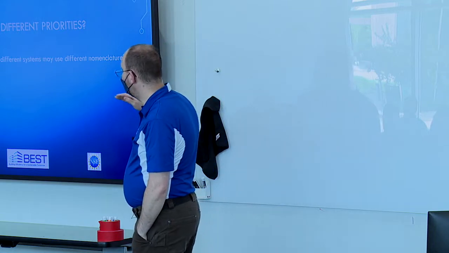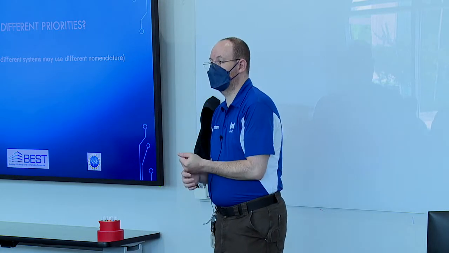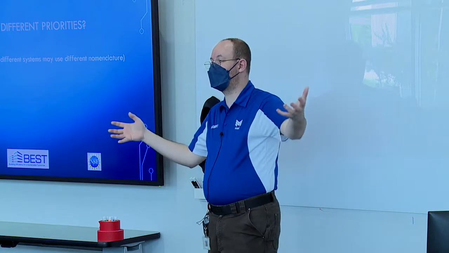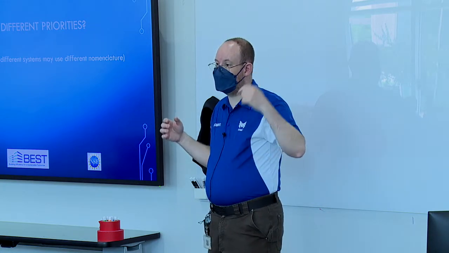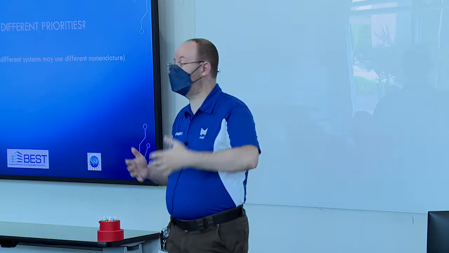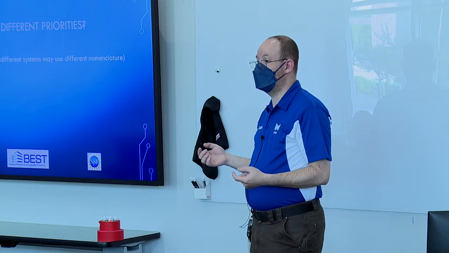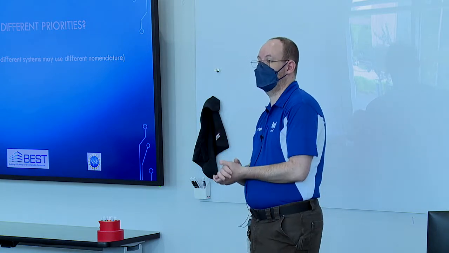You may also get warnings, things like a room temperature out of range. Maybe it's up to 75, 76 degrees in this room. Is it a problem? Yes. Well, maybe. Hopefully it is. If we're getting it as a warning, it's a problem. But is it something we have to go deal with right now? Maybe not.